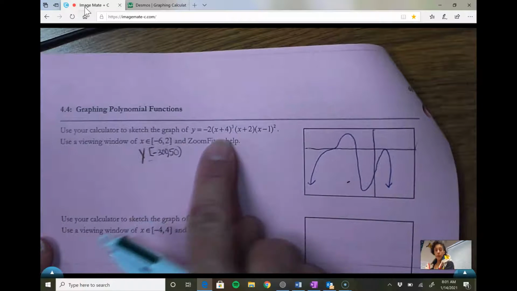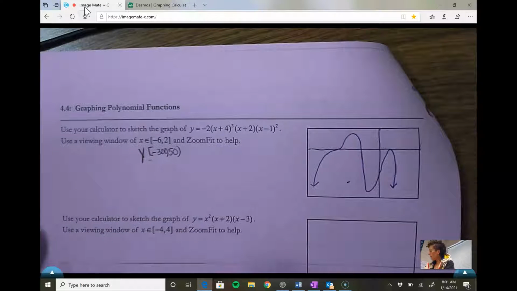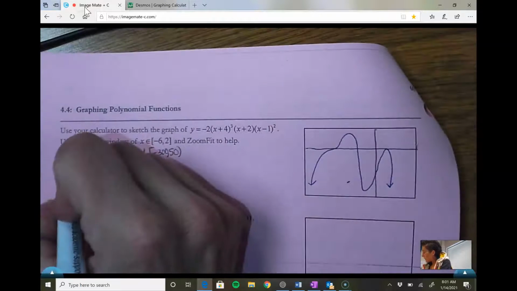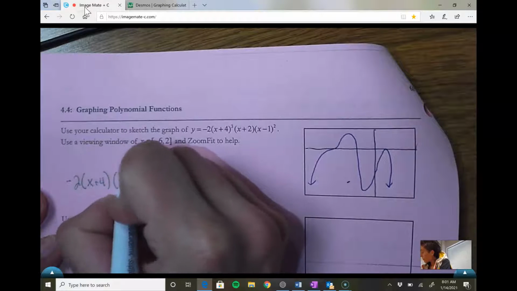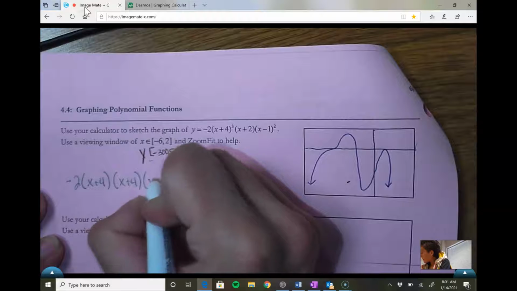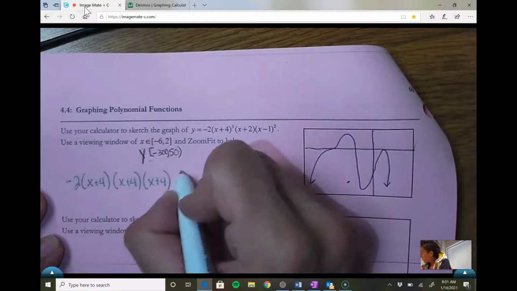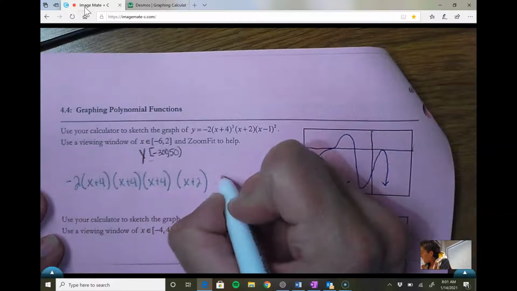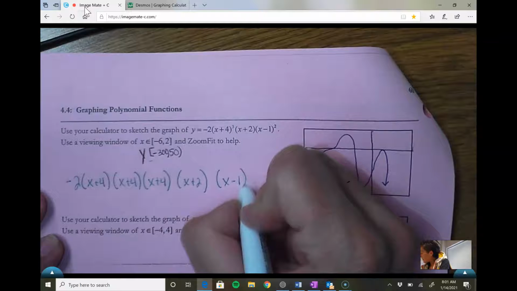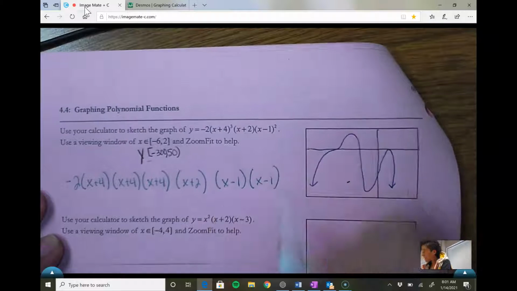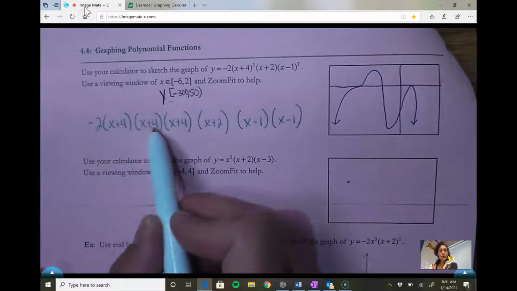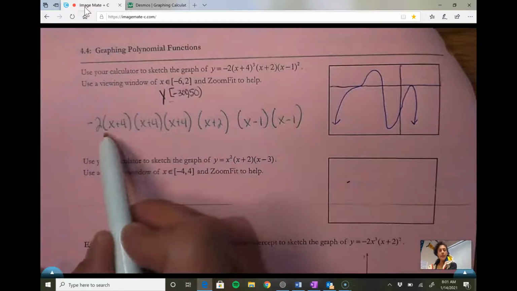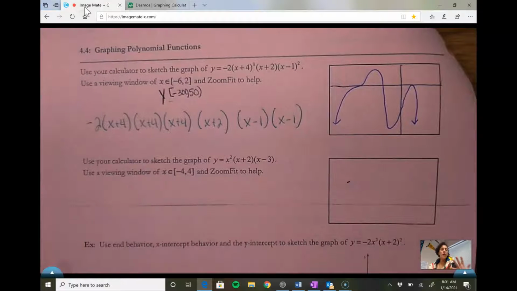I'm only going to really do this once, but if we look at what this problem is really like, there are 3 of these x plus 4s, 1 of the x plus 2s, and 2 of the x minus 1s. If I were to start solving, I want to go to the factors that have an x in them. This -2 is a factor, but I wouldn't solve for it because it's just -2. There's not an x in there.